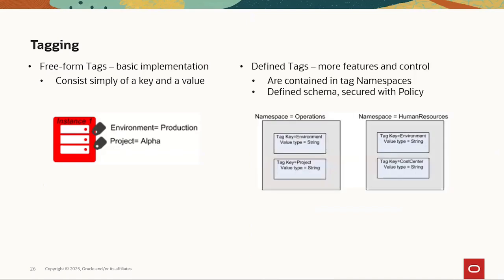The second type is the defined tags. It's more restrictive in terms of what the key definition would be and what values you assign, so that you don't misconfigure things, right? In the free-form tag, you have the capability to type whatever key value you have.